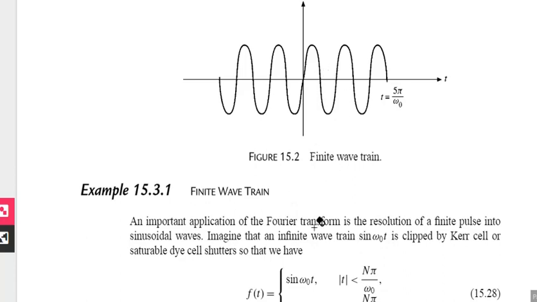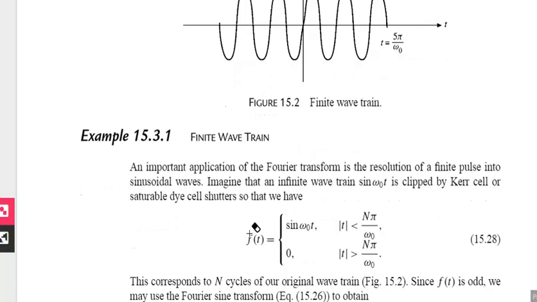Imagine that an infinite wave train sin ω0t is clipped by a Kerr cell or a saturable dye shutter, so that we have f(t) = sin ω0t when time is less than nπ/ω0, and f(t) is 0 if time is greater than nπ/ω0.